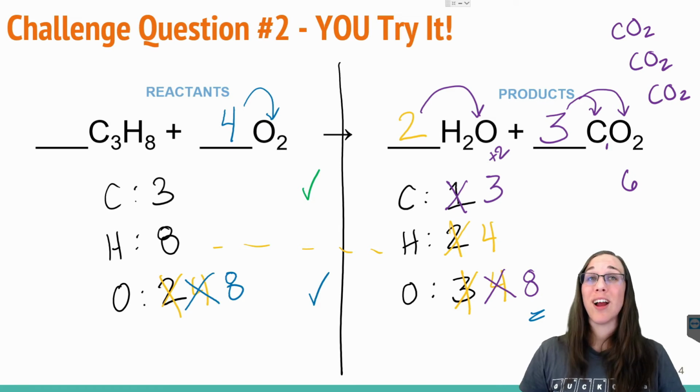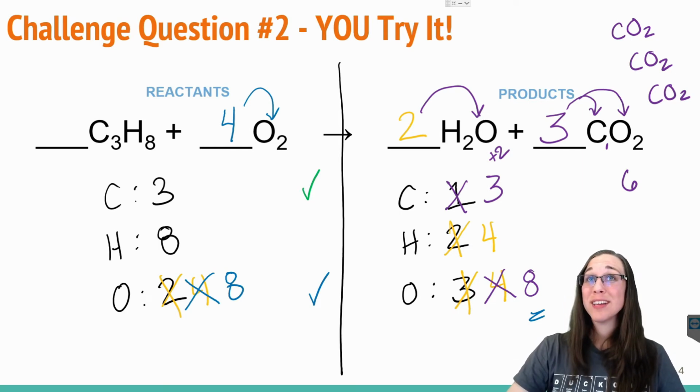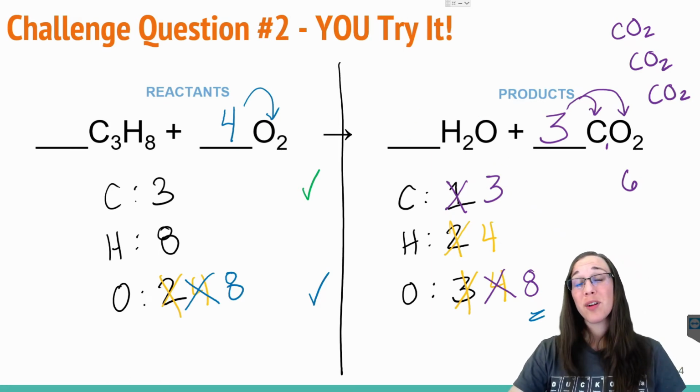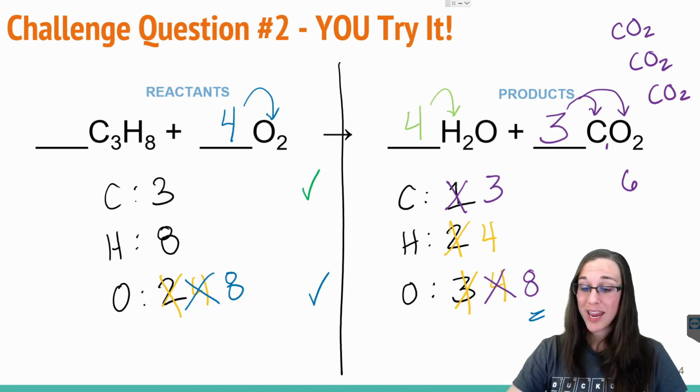What about our hydrogens? I have 4 hydrogens on my product side and I have 8 on my reactant side. So let's try and fix that. In order to get 8 hydrogens on the product side, the only option I have is adding a 4 in front of my water. When I put a 4 in front of my water, that would give me the 4 times 2 that I need for 8.